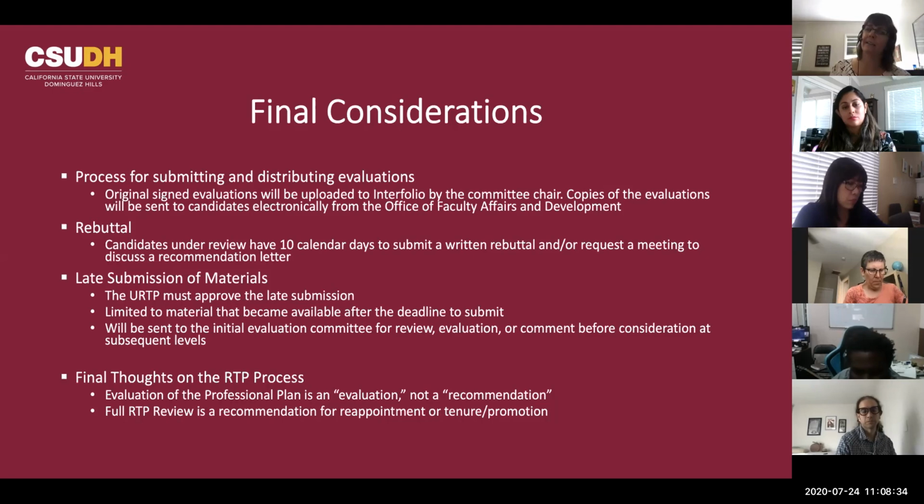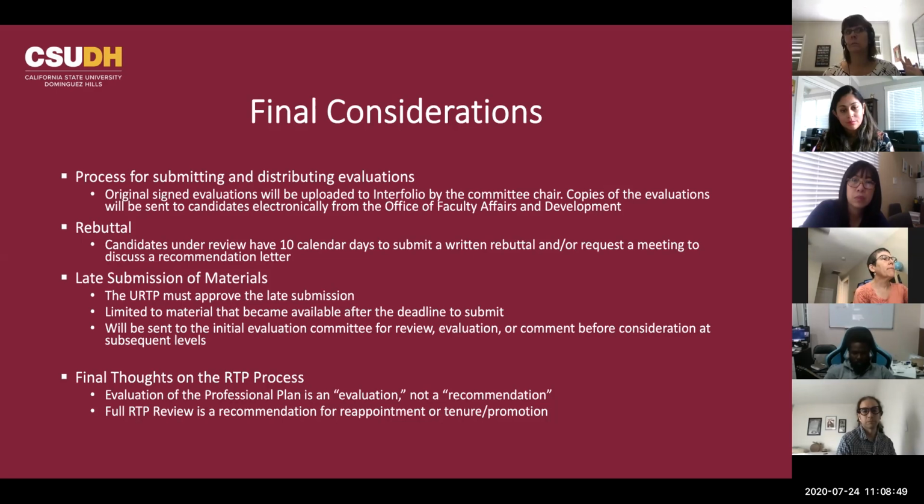And again, it's usually about articles being published, or, if you're an artist, an exhibition acceptance or something like that. It will be sent back to the initial committee for evaluation, and then it will go all the way back up.